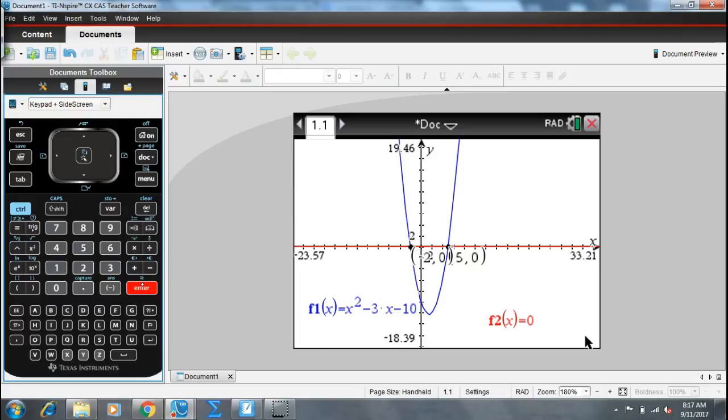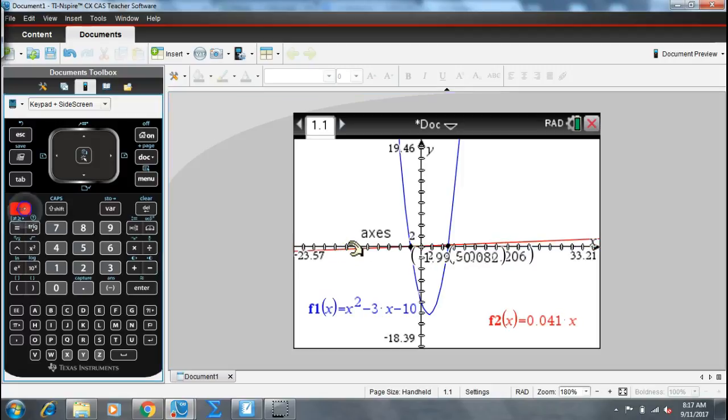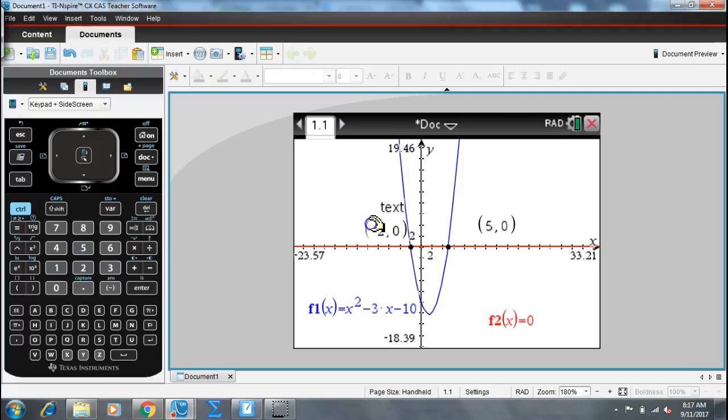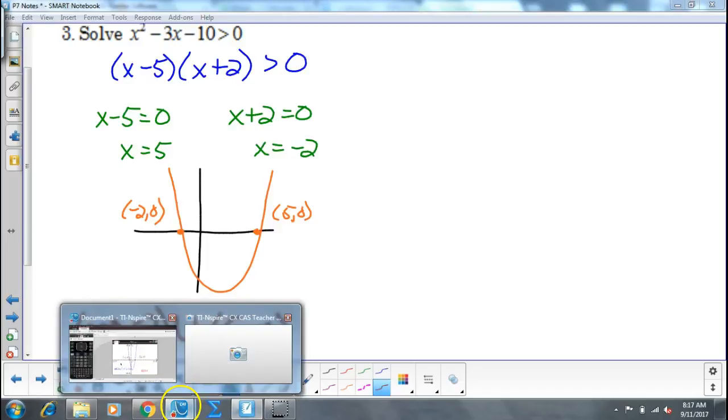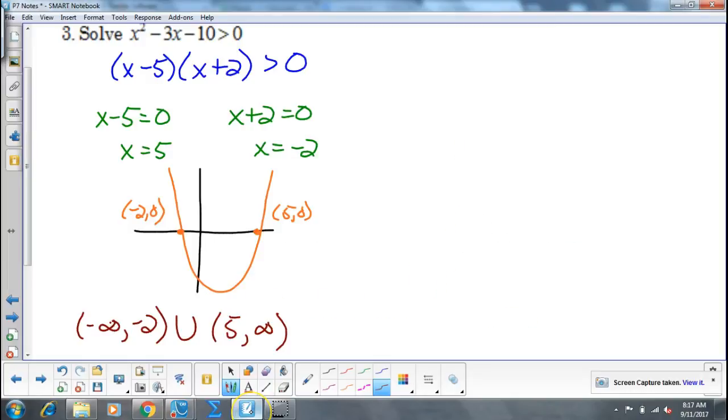I can zoom back out again. Maybe not. Whoa. That's kind of cool. Okay. So there is 5. There is negative 2. And it's below it between them, okay, which means it's above it on the outside. Oops, wrong way. This way. That one. That one.